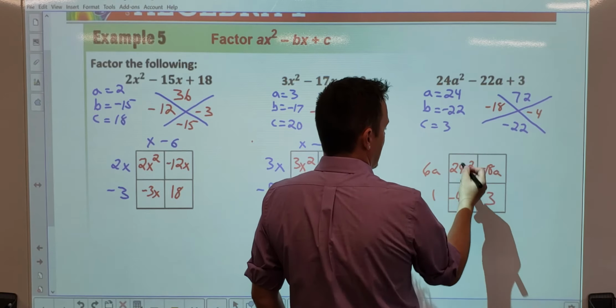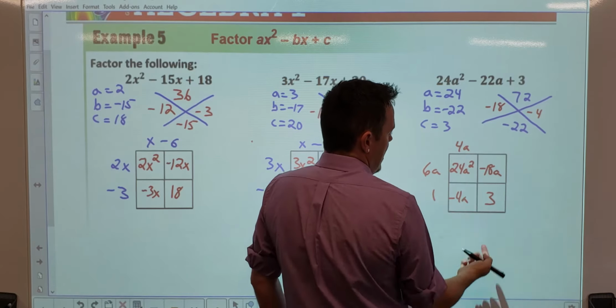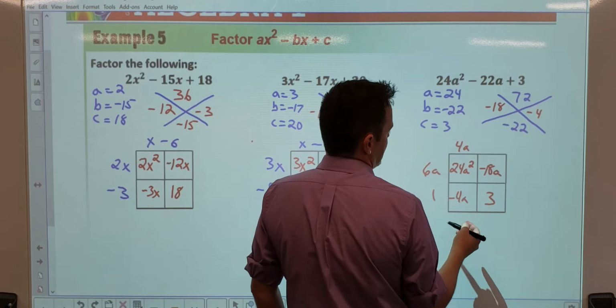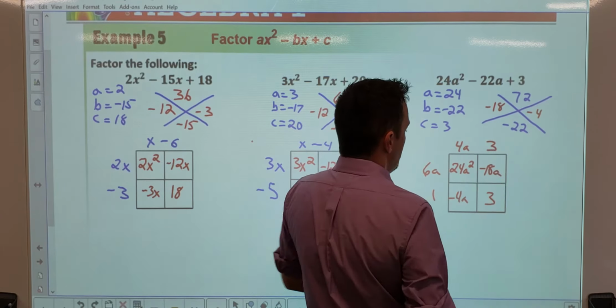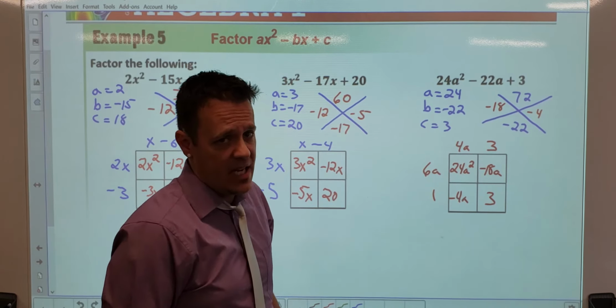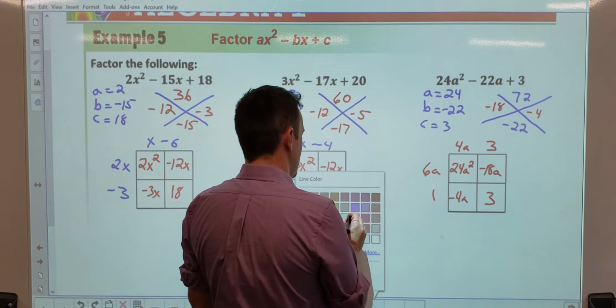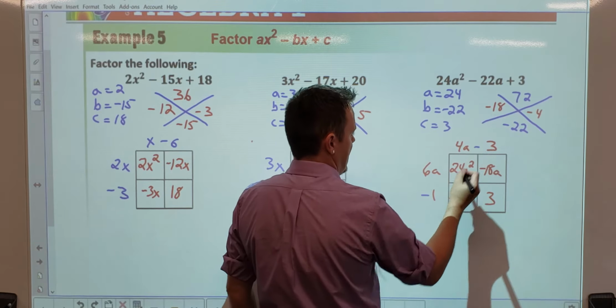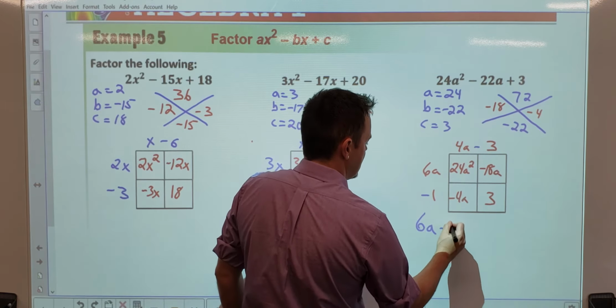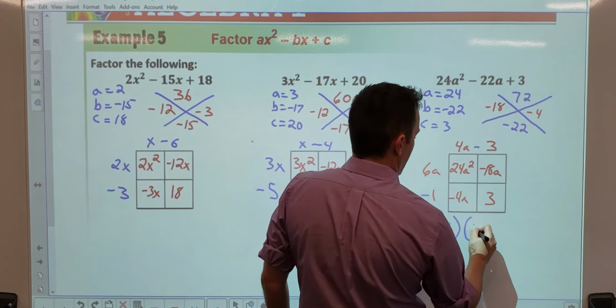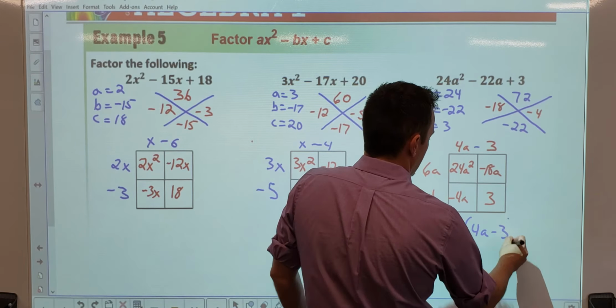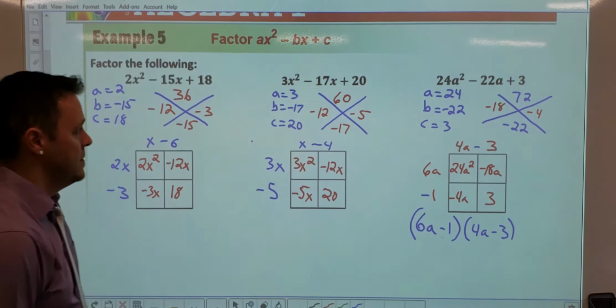When we factor this one out, it's actually a 4a. And then when we factor this one out here, this ends up being a 3, right? But when we do all the factoring, we're missing the negatives. So you have to make sure you plug in the negatives at the end, right? So this one ends up being 6a minus 1, and then 4a minus 3. That's a thing of beauty.